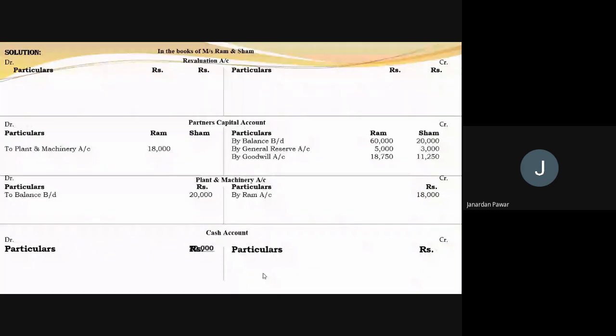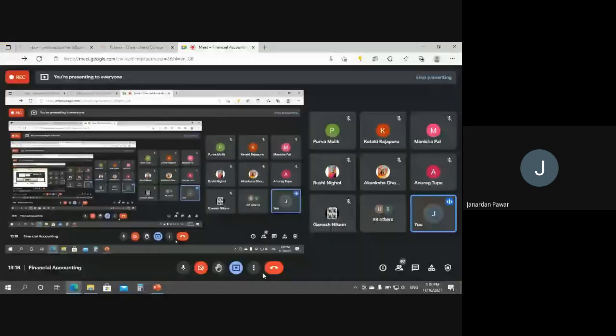Then we take the total, and the difference between both the amounts, that is rupees 2,000, will be transferred to the revaluation account at debit side. This is the loss on sale of machinery, so that will be reflected at the debit side of the revaluation account. To plant and machinery account rupees 2,000. You can see on your screen at the debit side of the revaluation account.